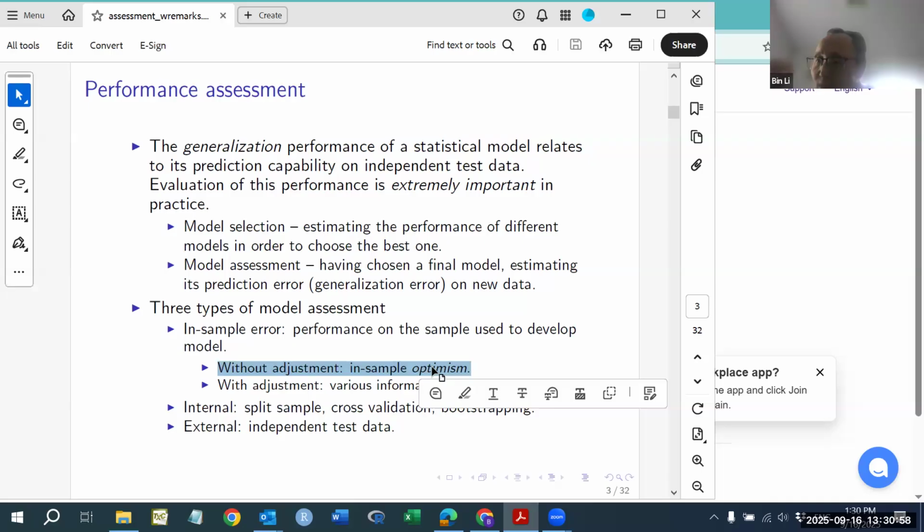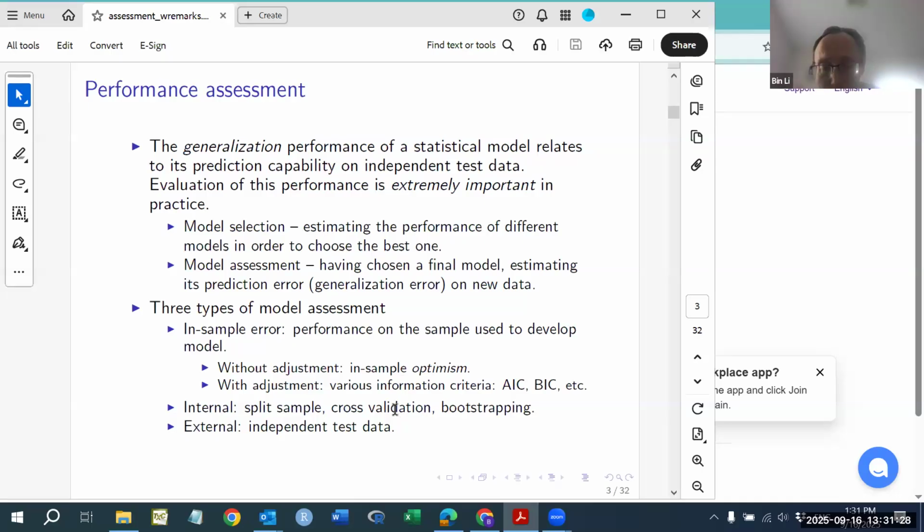But with adjustment, that can remove such bias and can help us to identify the good models. So those with adjustment are related to all kinds of information criteria that we talked about, AIC, BIC, and also Mallows' Cp. So this is the in-sample approach.